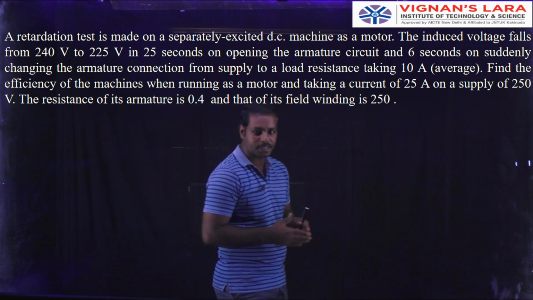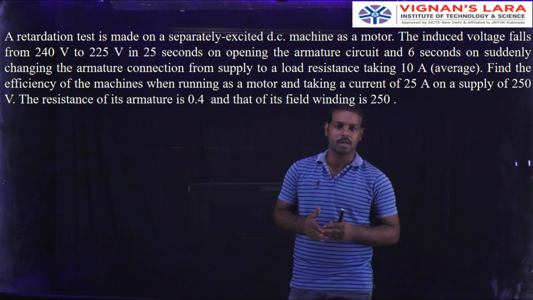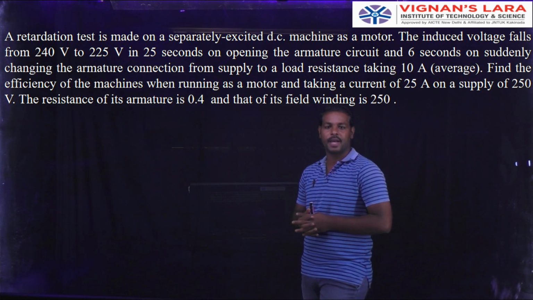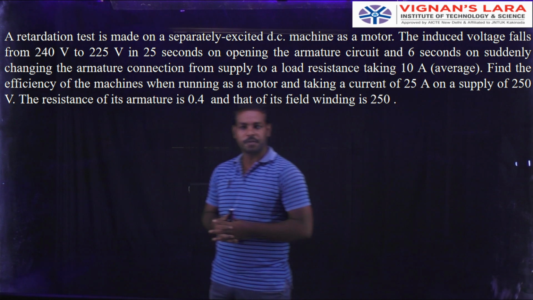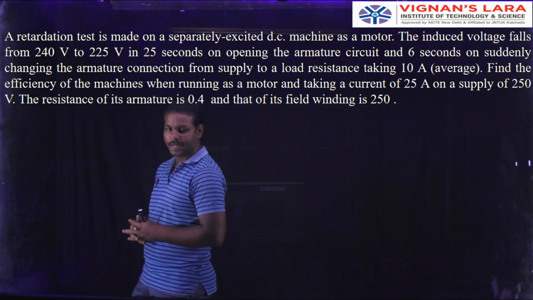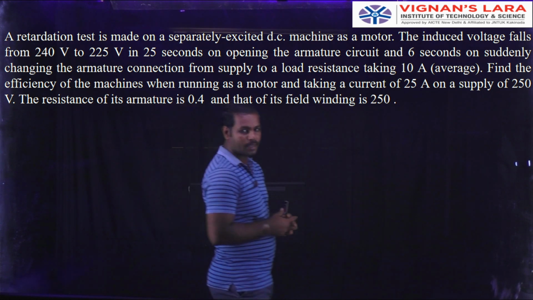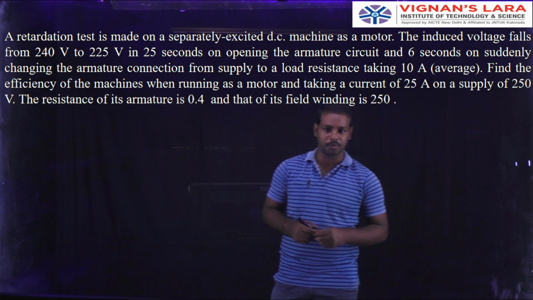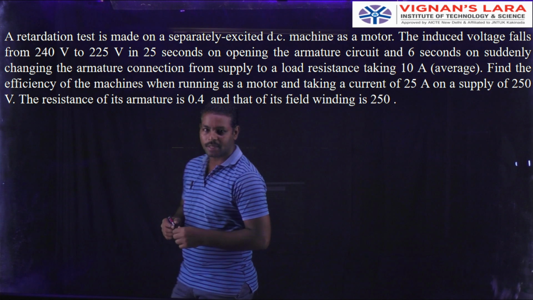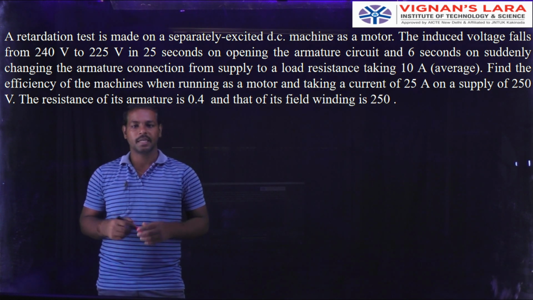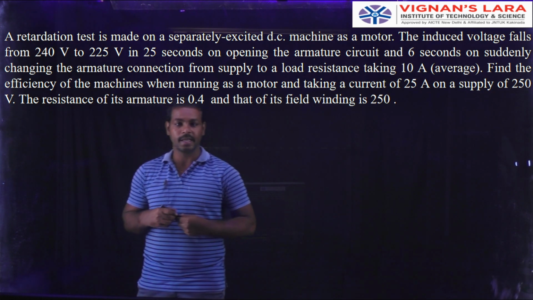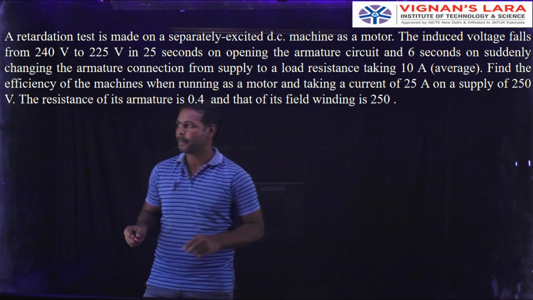Find the efficiency of the machine when running as a motor, taking a current of 25 amperes on the supply of 250 volts. The resistance of its armature is 0.04 ohm and that of its field winding is 250 ohms. Based on the given data, we can find the efficiency of the machine when running as a motor.